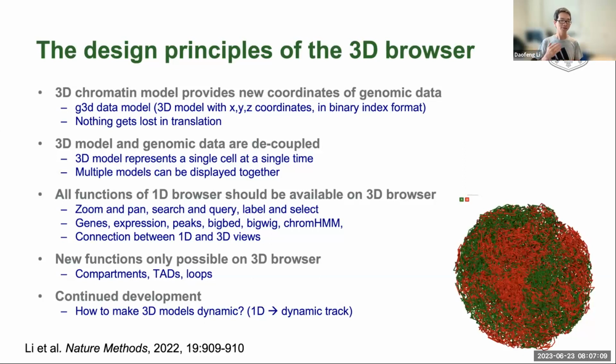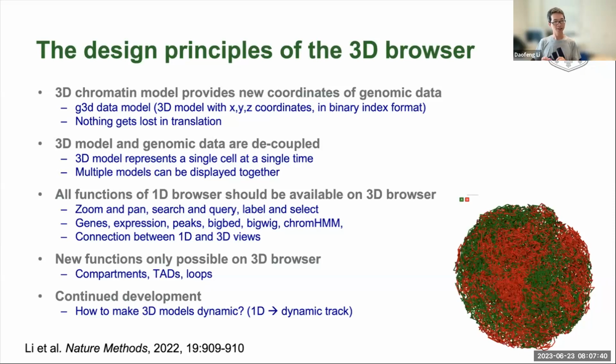All the functions on the 1D browser should also be available in the 3D browser. In the 3D browser, you should be able to zoom in, zoom out, search and query, label and select different regions to display. You should be able to show genes, expressions, or regular analysis results like bigWig format and chromatin states in the 3D browser as well.